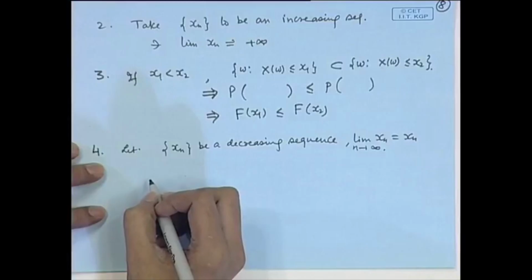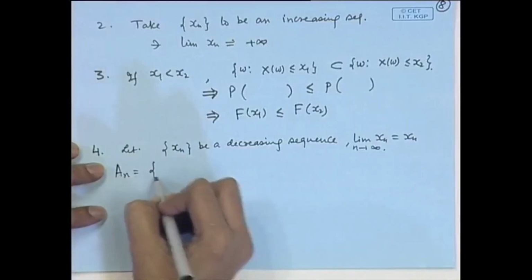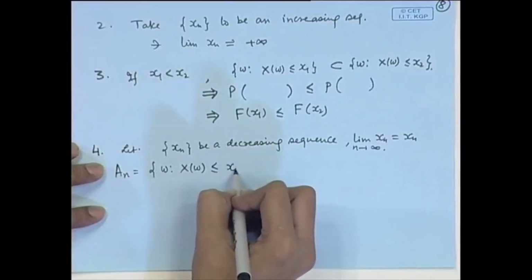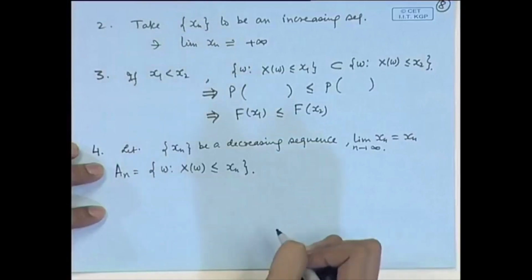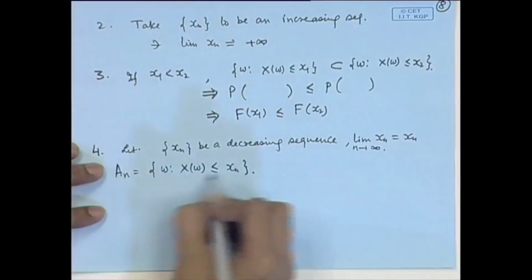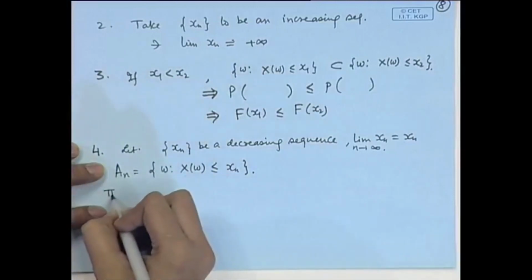Now, consider the set A n as the set of all those points such that X of omega is less than or equal to x n. Then these are measurable sets. A n is a decreasing sequence.